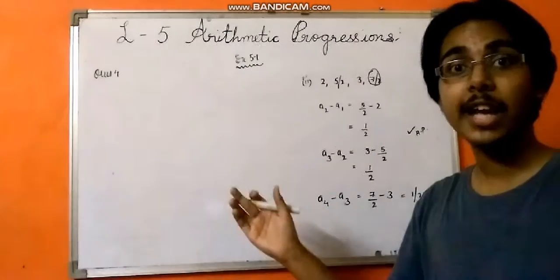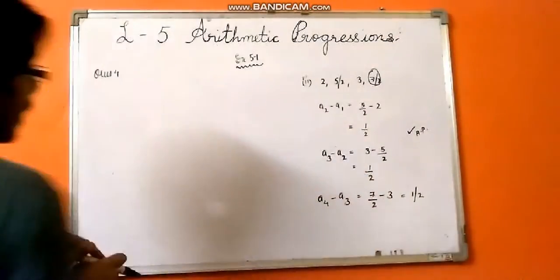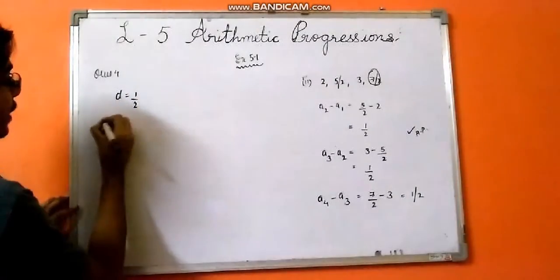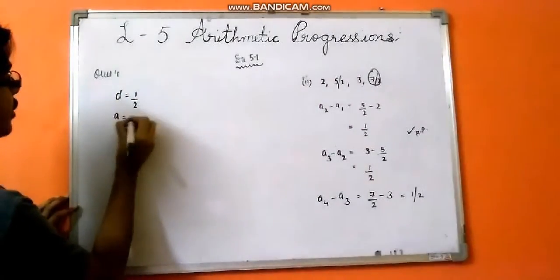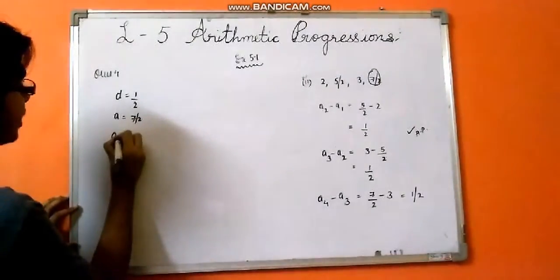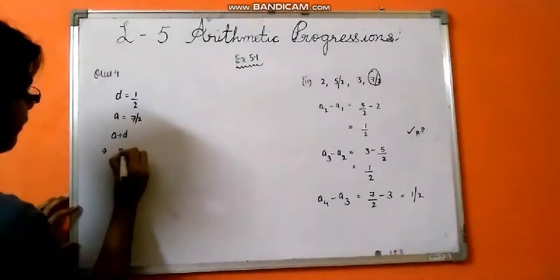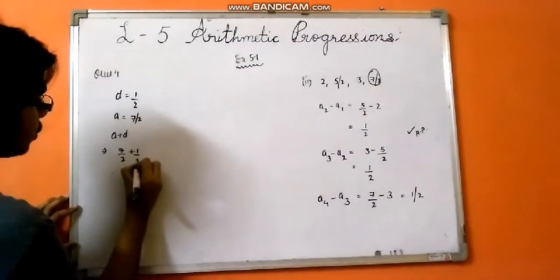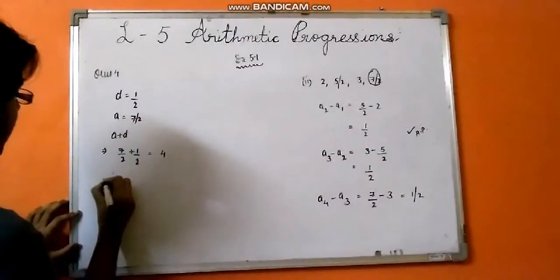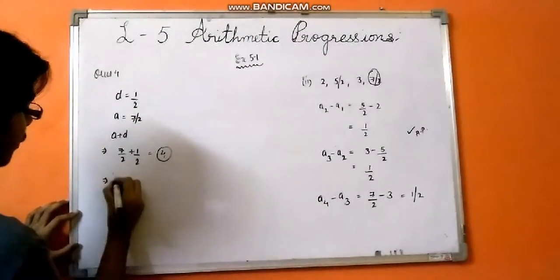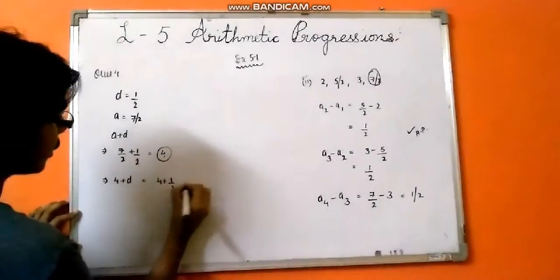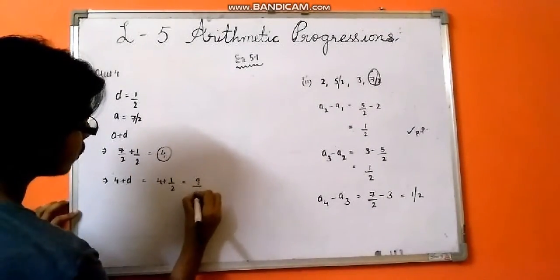So now how will we calculate the next terms? Now let us see. We know that d is equal to 1 by 2, and we will now look at the current term, which is a equal to 7 by 2. So the next term would be a plus d, which is equal to 7 by 2 plus 1 by 2, which is equal to 4. The next term would be, since this is the current term, 4 plus d, which is equal to 4 plus half, which is equal to 9 by 2.